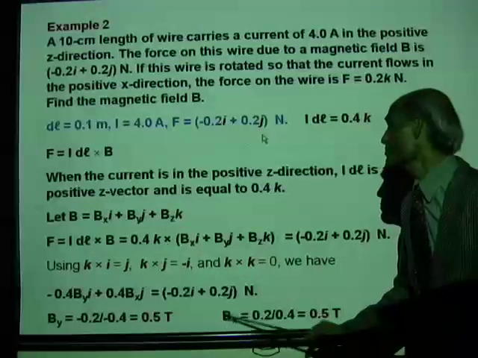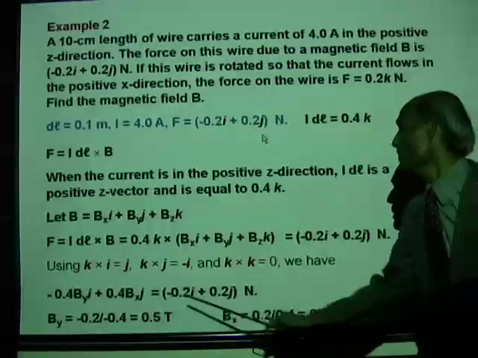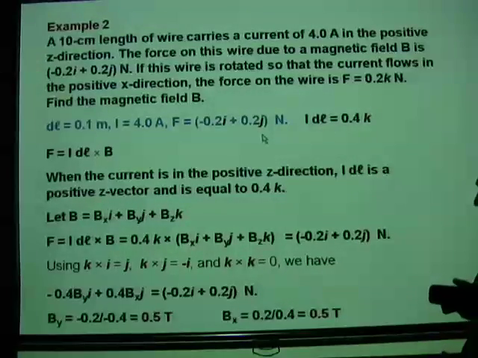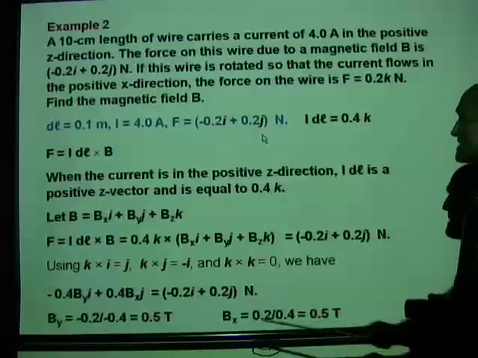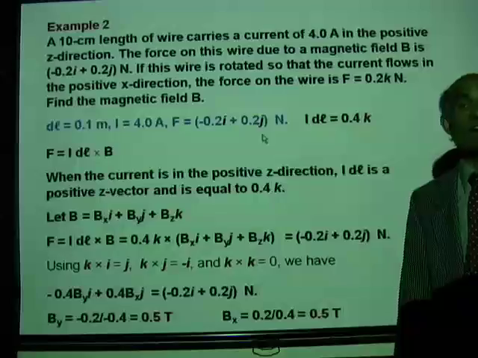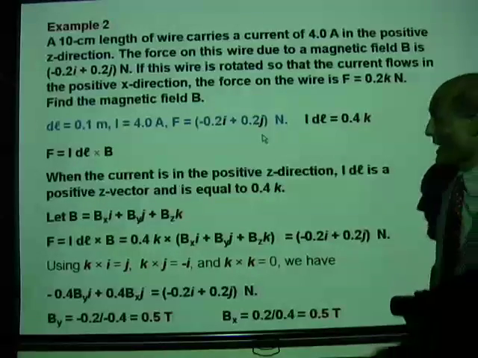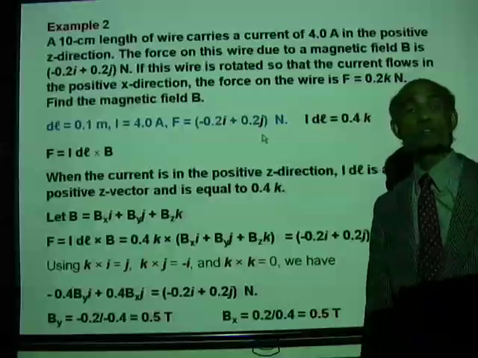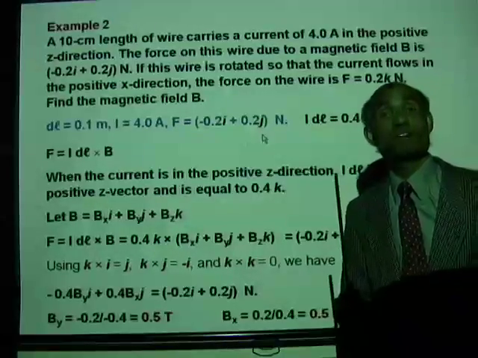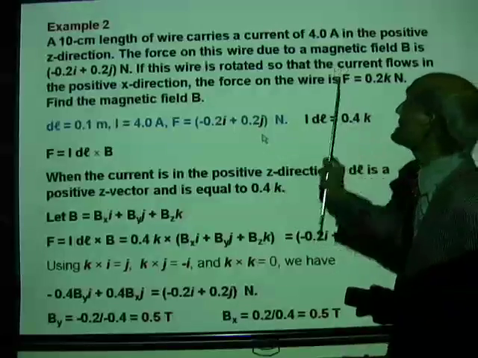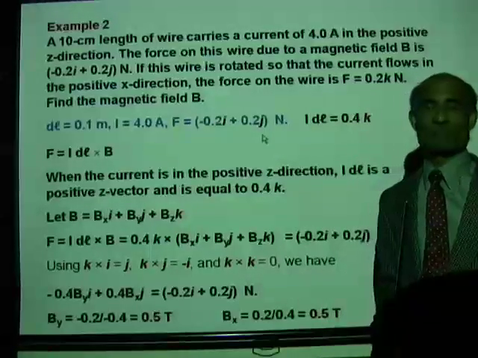And BX equal to 0.2 divided by 0.4, that is 0.5 Tesla. We found the y component, we found the x component, we now need to find the z component. And that is where we're going to use the second situation.